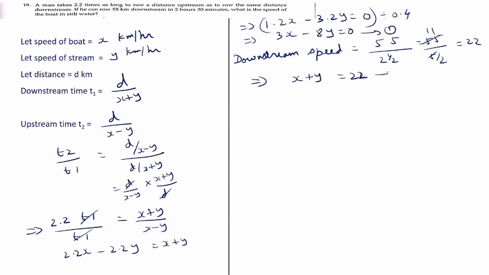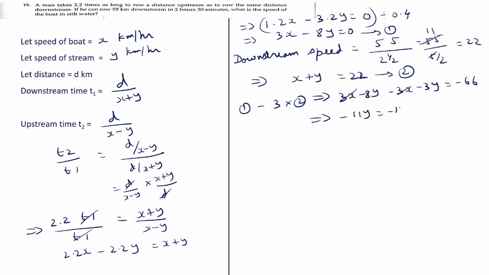So we have two equations and two unknowns. When we solve these two equations, we will get x and y. So equation 1 minus 3 times equation 2 implies 3x minus 8y minus 3x minus 3y equal to minus 66. So here we have minus 11y equal to minus 66, or y is equal to minus 66 by minus 11, which is 6.